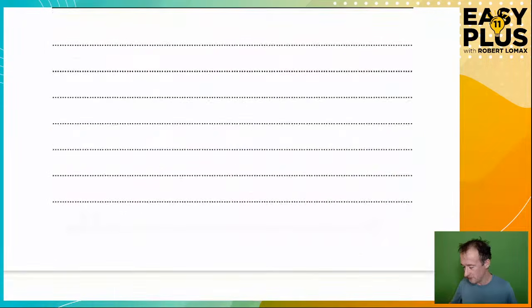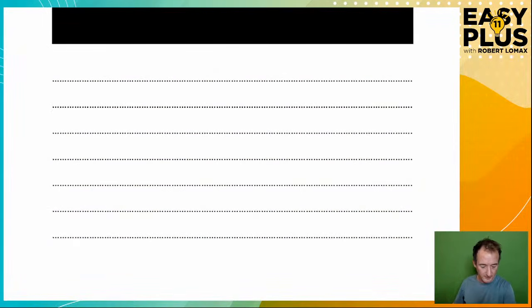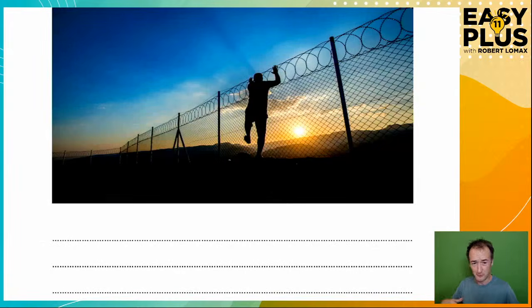And I want to be descriptive and develop character, so let's think about what this person is experiencing. If you're pulling yourself up wire like that, it's going to really, really hurt. So what would the wire be like on a fence like this? Let's scroll back up, in fact. Scrolling like a madman, but anyway.